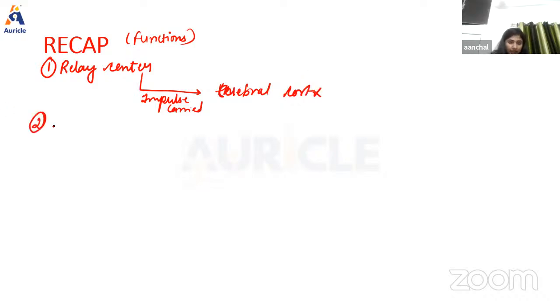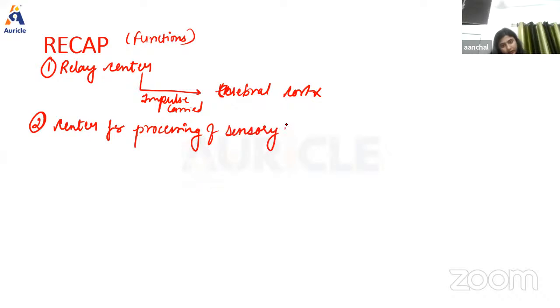Now, next we have another function, that the thalamus is the center for processing of sensory information. The thalamus forms the major center for processing sensory information, and all the peripheral sensory impulses reaching the thalamus are integrated and modified before being sent to the specific area, right?